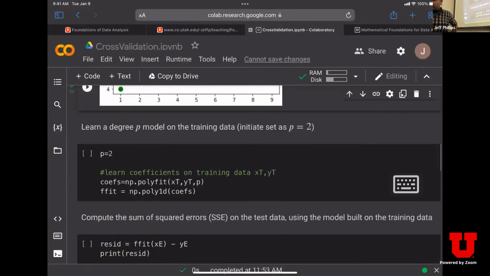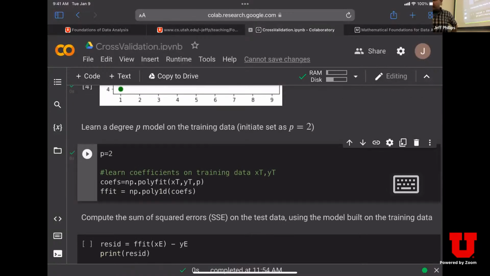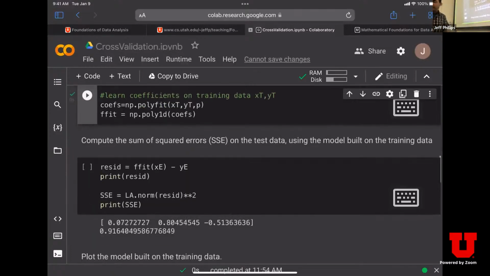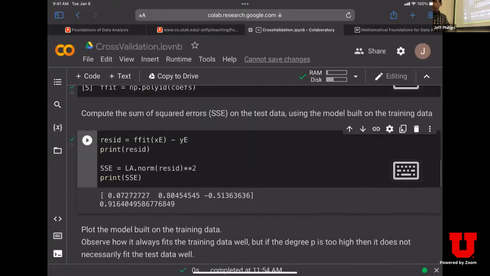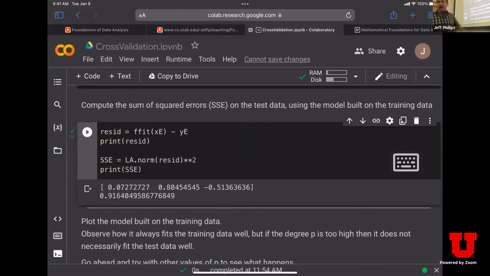I can choose different polynomial models here. I just built one, a polynomial fit, using this one function in Python I mentioned, and you can just put in a parameter p. I've run this with parameter 2. I can calculate the residual and get the squared error, 0.91.